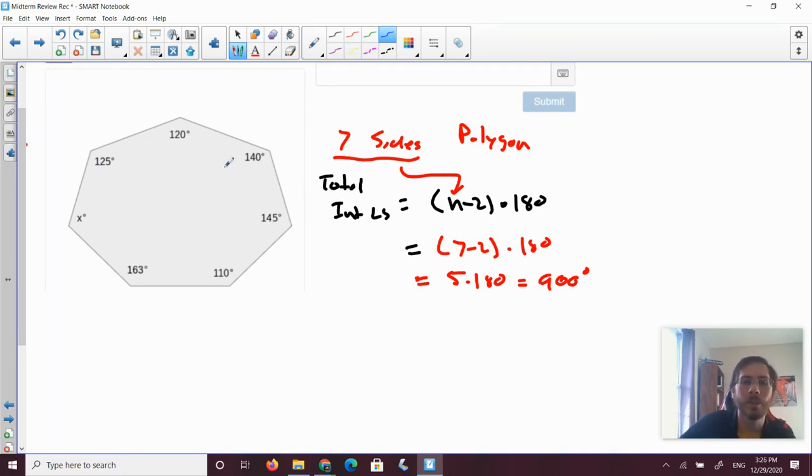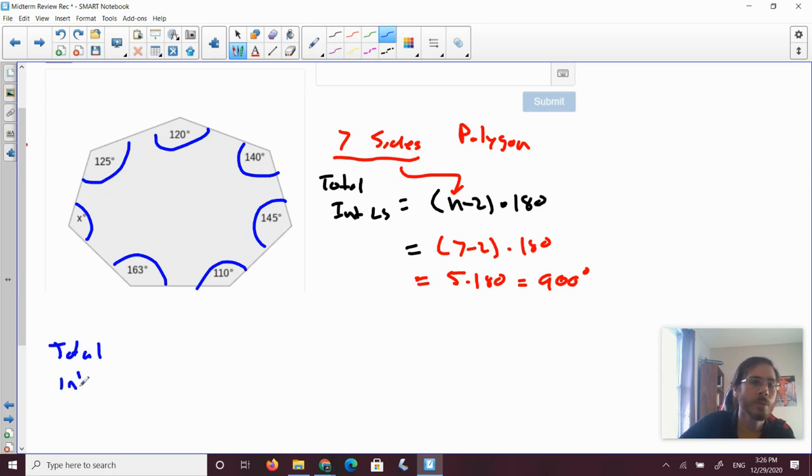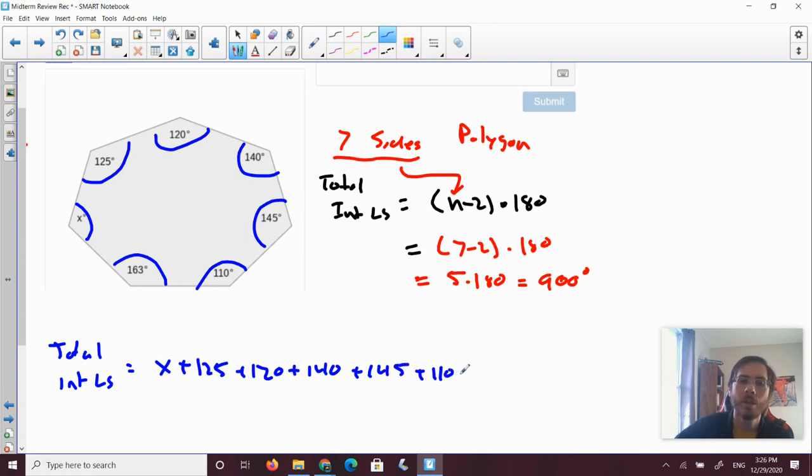And again, if we want to double check that we had 7 sides, we could count 1, 2, 3, 4, 5, 6, 7 angles. So our total interior angles is also going to be x plus 125 plus 120 plus 140 plus 145 plus 110 plus 163.